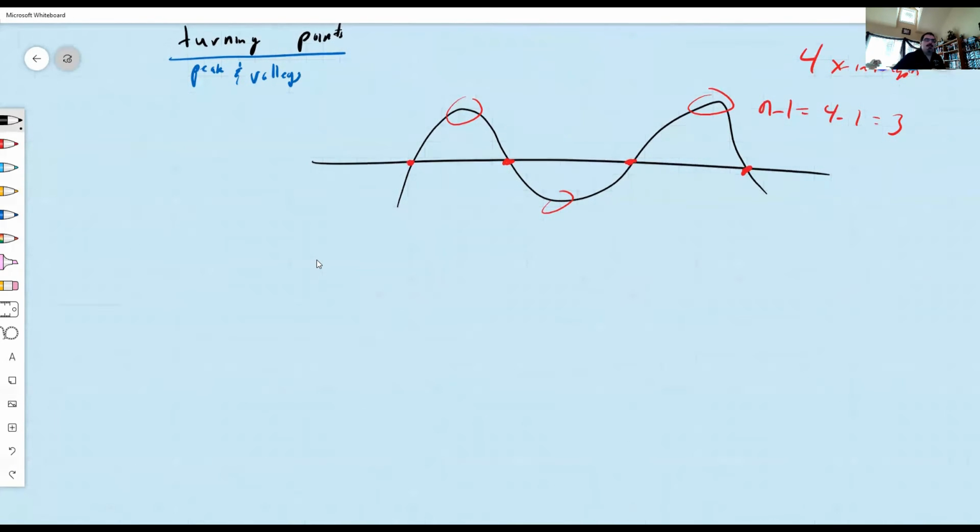One other thing to talk about before we get to a big sketch is multiplicity of zeros.